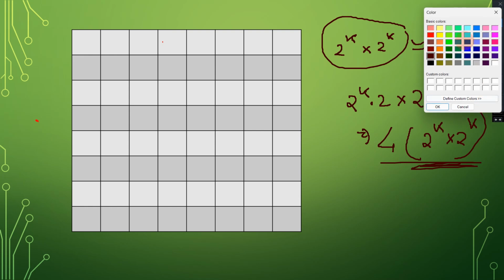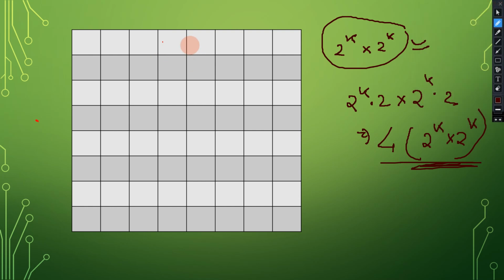So I will divide this checkerboard into 4 problems of size 2^k. See, now you can see that these are 4 problems of size 2^k.